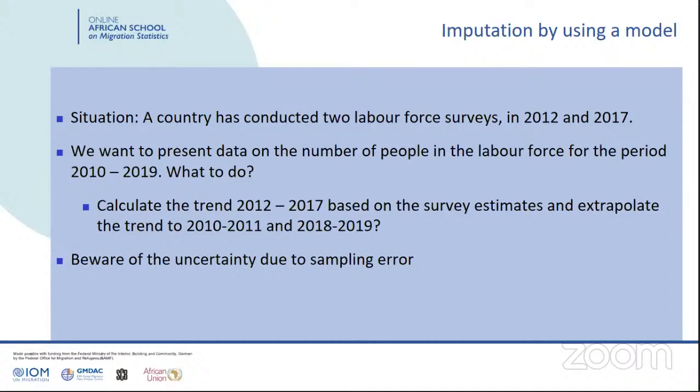Yeah, so now we look at a country that has done 2 labor force surveys, in 2012 and 2017. And we want to present data on the number of people for the full period. What to do?